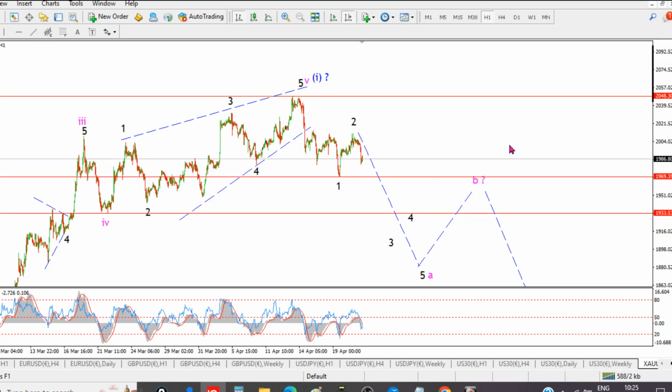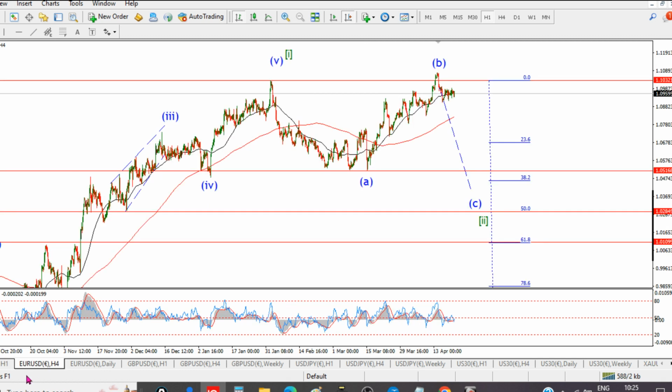All right. Here is what's up. Let's start with euro dollar. Let me have a drink of coffee first. Okay, now this is what I'm looking at in euro dollar.